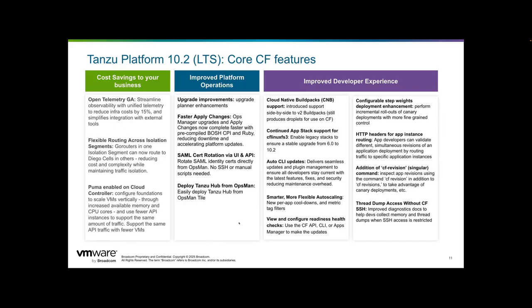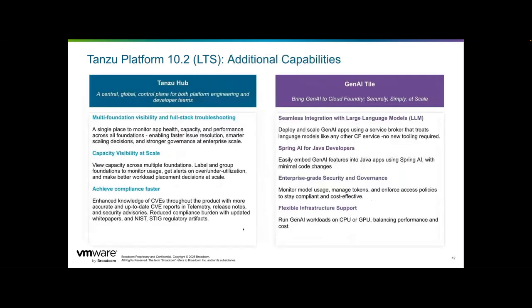And then the other big piece of Tanzu Platform 10, and Nick, you can jump to that next slide, is really the introduction of Tanzu Hub. And Tanzu Hub is that central global control plane for both platform engineering teams as well as developer teams.